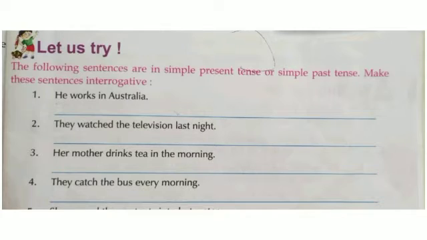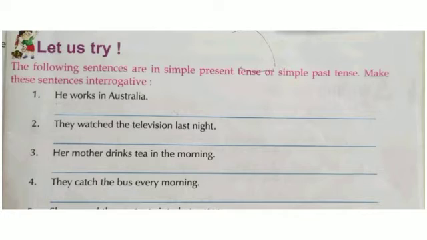Now let's do the textual exercises. All of you open your textbook, page number 63. Let us try. The following sentences are in simple present tense or simple past tense. Make these sentences interrogative. First question. He works in Australia. How to make the sentence interrogative? Yes, first we need to identify the verb in the sentence. What is the verb in the sentence? The verb in the sentence is works.